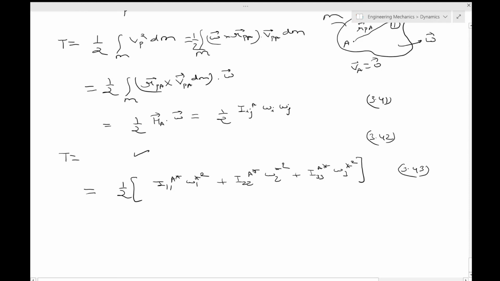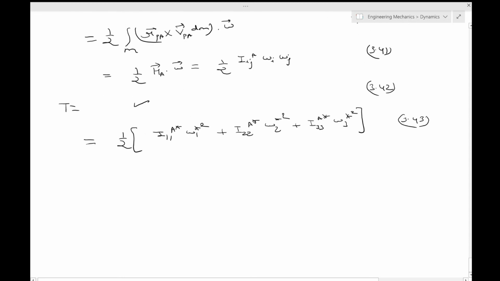Now if you have an instantaneous axis of rotation, if you do not recall it, please go back and check. So if you have, say, something like this, have this as dm, so the point P, we have r, this is the point A, this is omega.